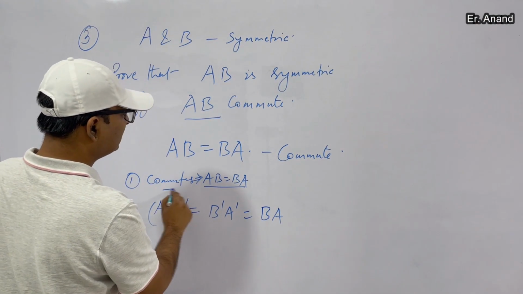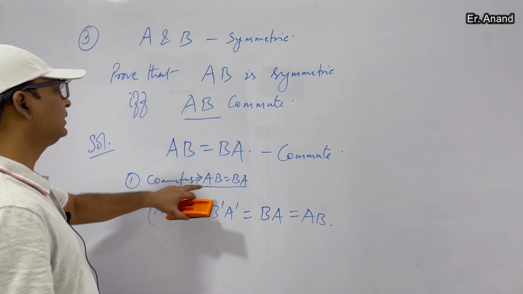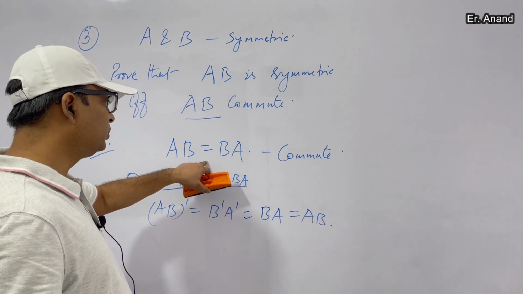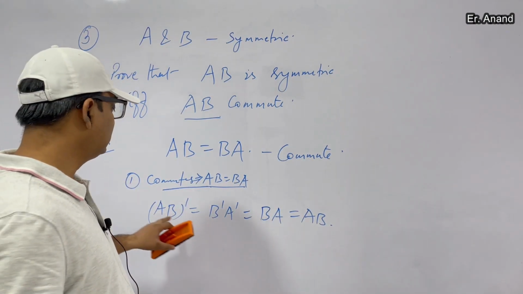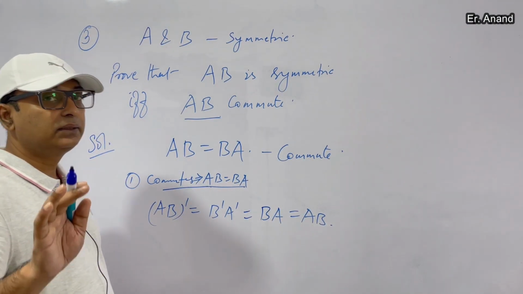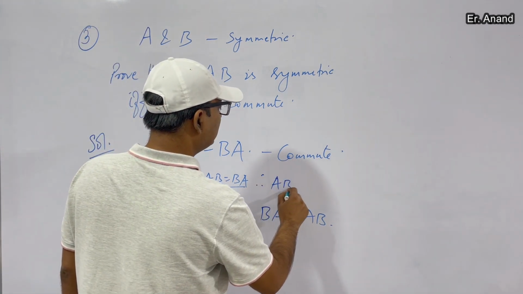We have taken AB equal to BA, that is AB. Therefore (AB) dash is equal to AB, so AB is a symmetric matrix.